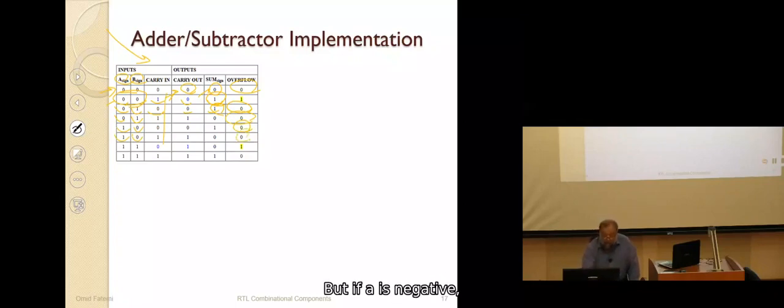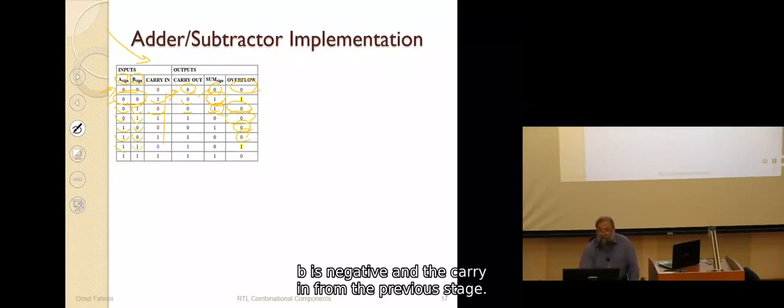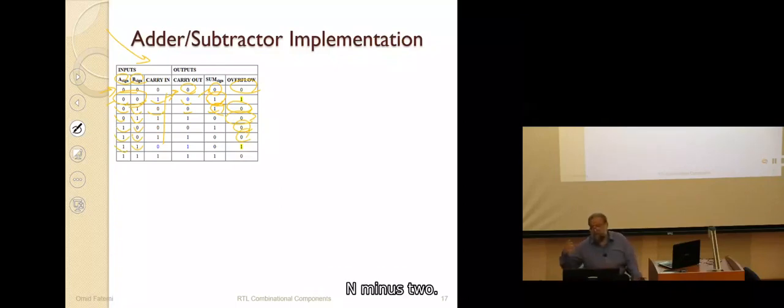But if A is negative, B is negative, and the carry-in from the previous stage, n minus 2 (n minus 1 is the last stage), is 0, then 1 plus 1 becomes 0, and we have a carry out also, 0, 1.